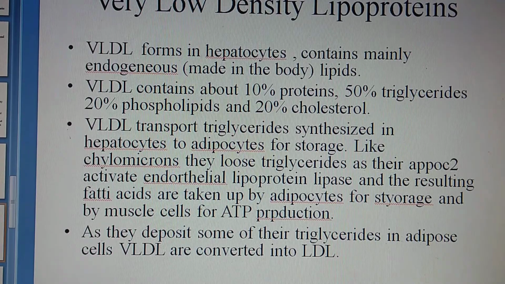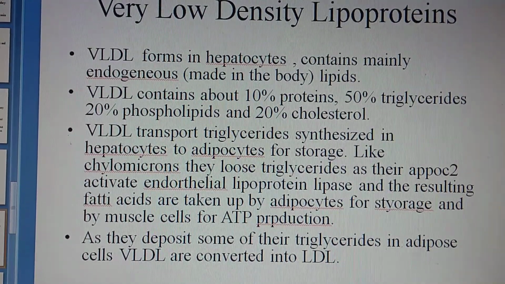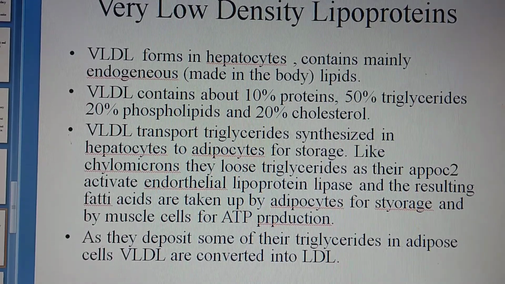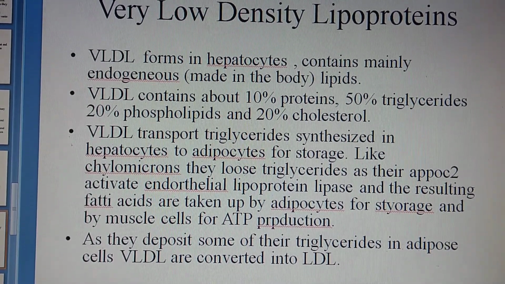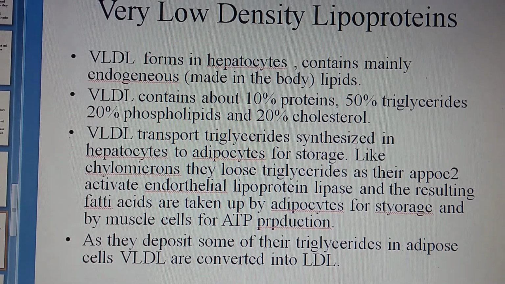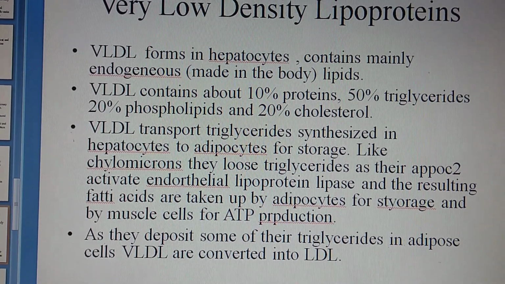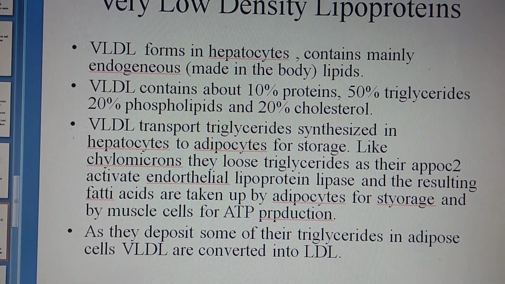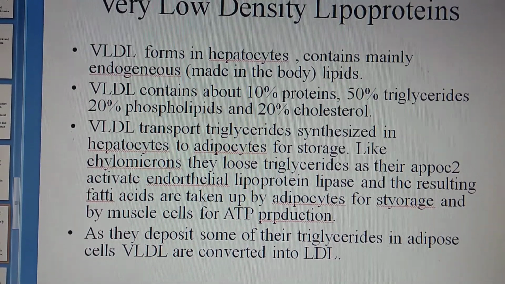Like chylomicrons, they lose triglyceride as their ApoC2 activates endothelial lipoprotein lipase, and the resulting fatty acids are taken up by the adipocyte for storage and by muscle cells for ATP production. As they deposit some of the triglycerides in the adipose cells, VLDL are converted into LDL.